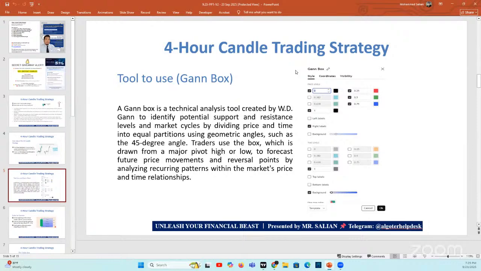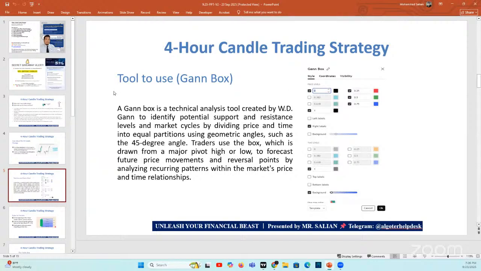First time, yeah, okay. I think most of you heard of gun chart. In my years of trading, I haven't heard gun chart, but Gunbox, yes.